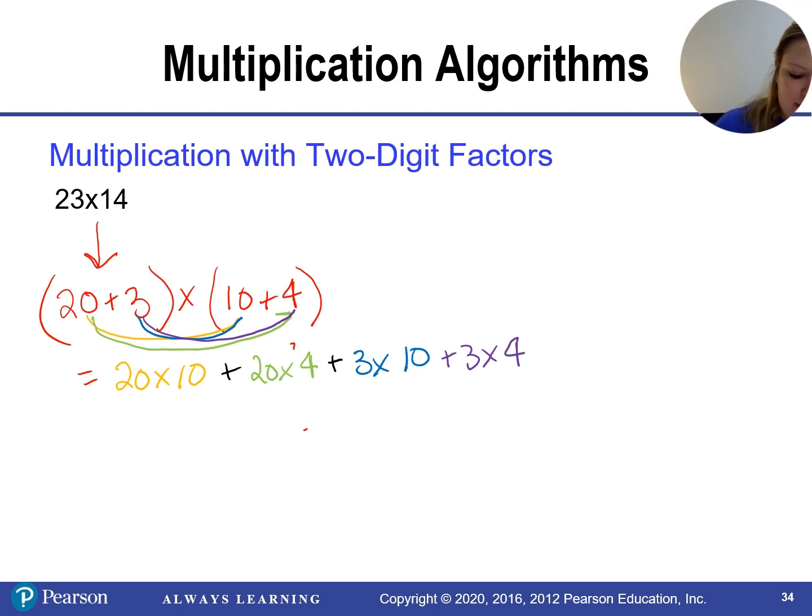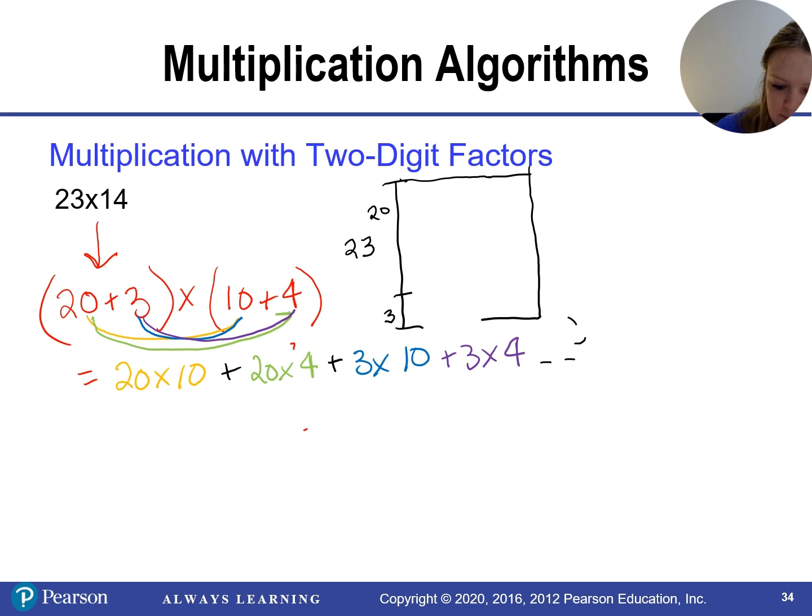We can also think about this using a model. So 23 times 14 would be a length of 23 on one side, and 14 on the other.